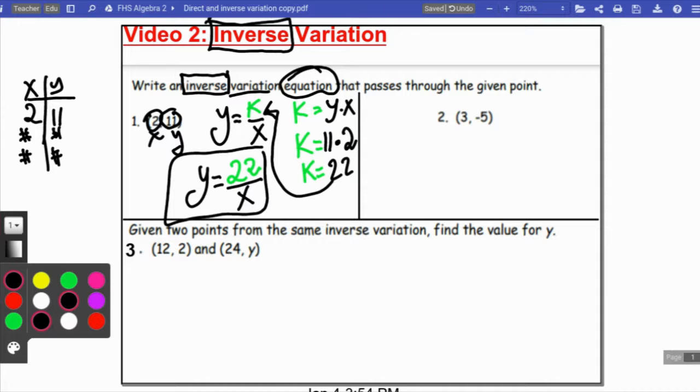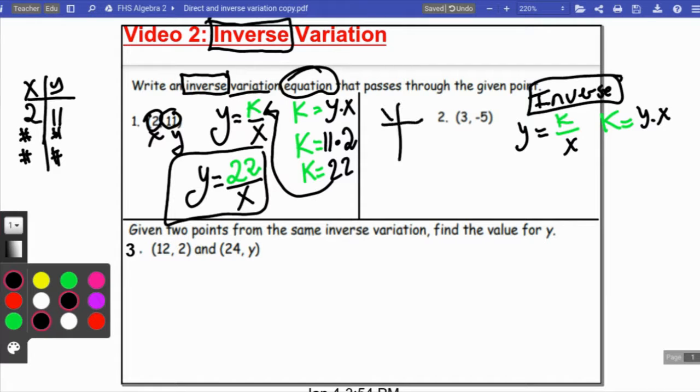Example 2, same deal. Nothing else. Inverse, it's the same question, but we have number 2. Inverse, we have two equations. The first equation is y equals k over x, where the k is y times x, and they give me this point. Just like think about the table, they gave me the x and the y, so let's plug it in.